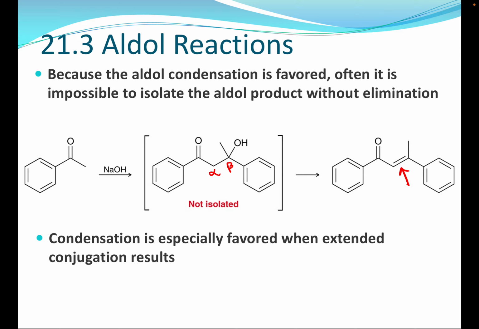So this can be pretty useful in terms of forming conjugated molecules. We've already seen that. And in the example here, we would assume that this product would be very highly favorable because now we have what we're calling an extended conjugated system, where one ring is fully conjugated.